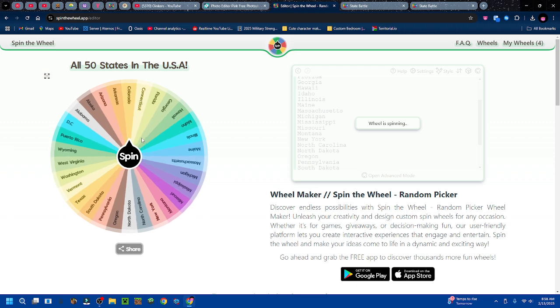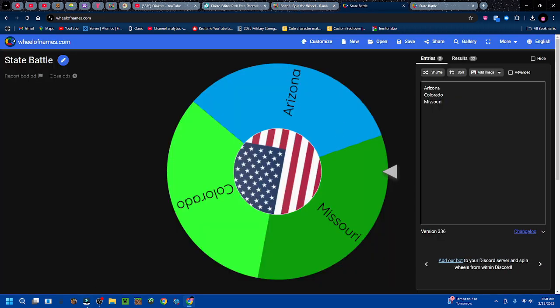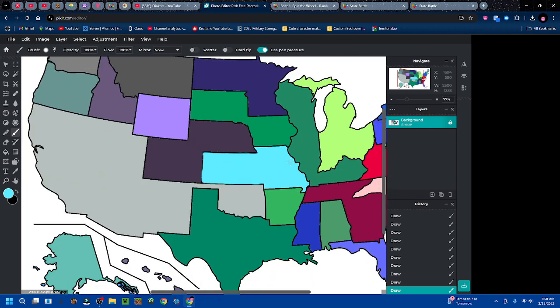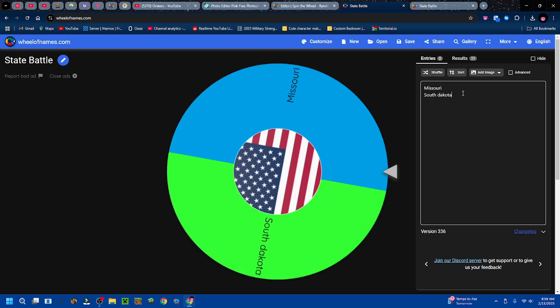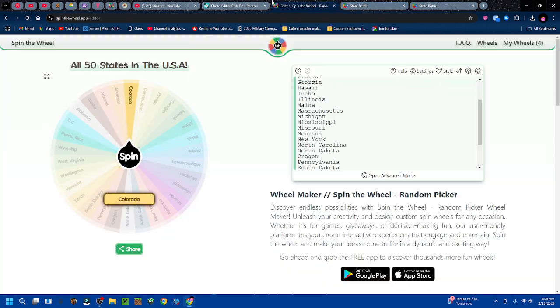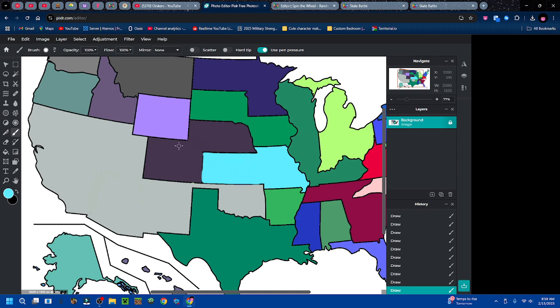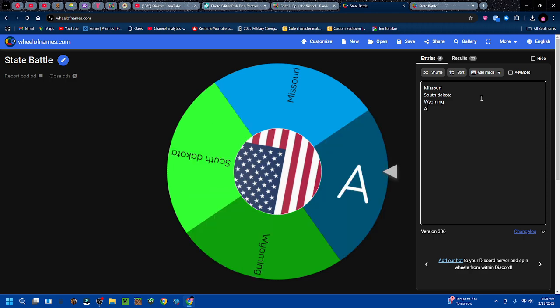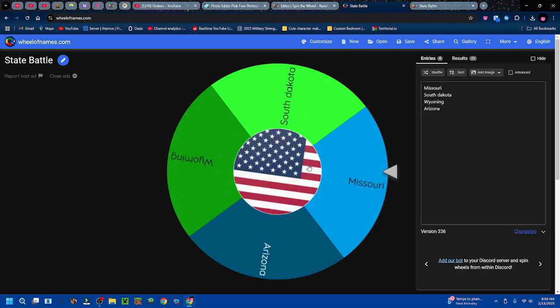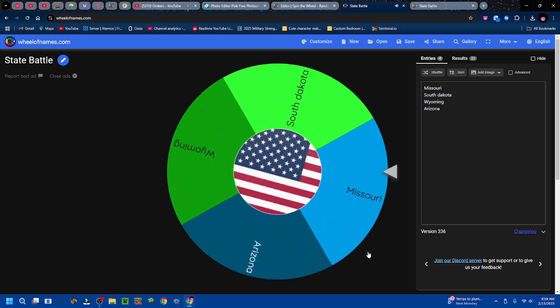Well, next up is Colorado attacking somebody. Colorado can attack Missouri, South Dakota. And they also have a border with Wyoming and Arizona. Where are they going to attack? They're going to attack Missouri.